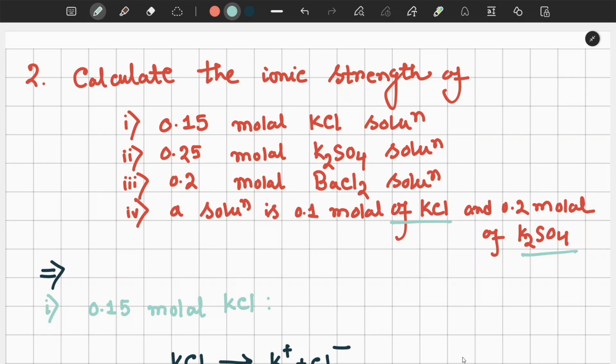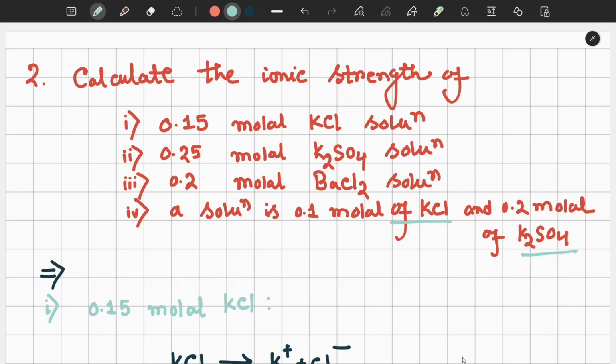For the first portion, it is 0.1, because it is directly KCl, monovalent. And the second one, it is 3 times 0.2, that is 0.6. And the total will be 0.7.